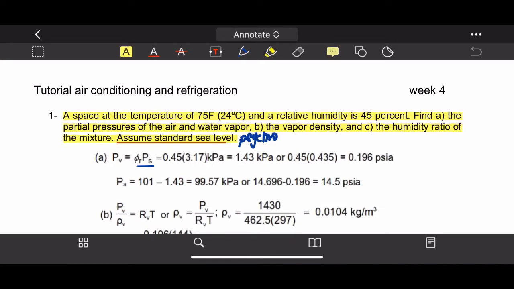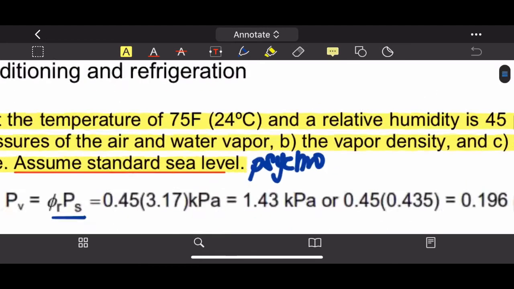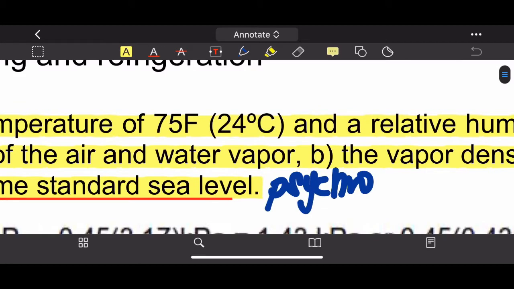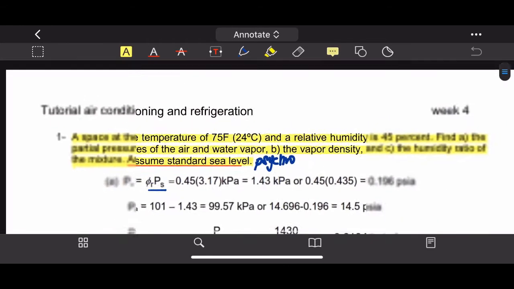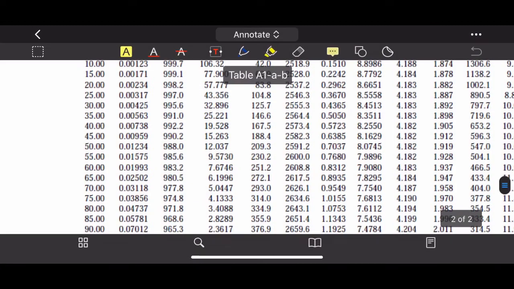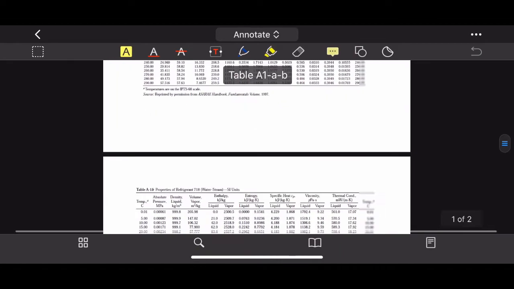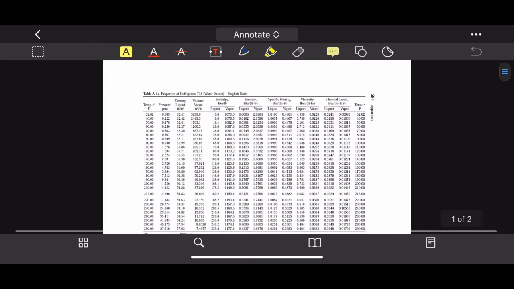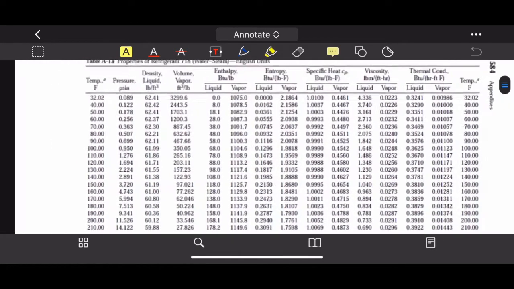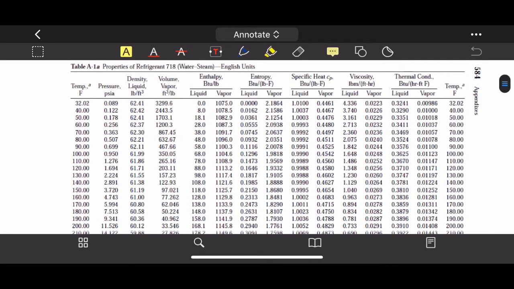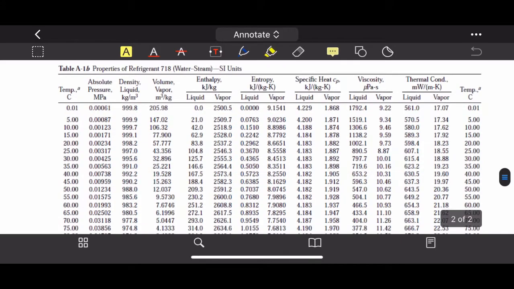So if we go back to this table now, note that the numbers are 75 degrees Fahrenheit or 24 degrees Celsius. So here is Table A1, A and B. The first one is the English unit, and the second one is in SI unit.